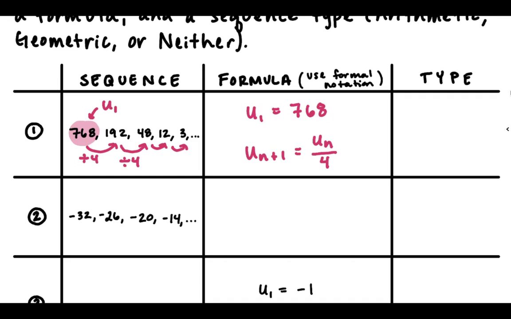If you're thinking times 1/4, then you could say the next is 1/4 times the current, u sub n. Both of those are the same. Either answer is fine. This sequence is geometric because we're multiplying or dividing by the same number. Okay, that's it for the first one.